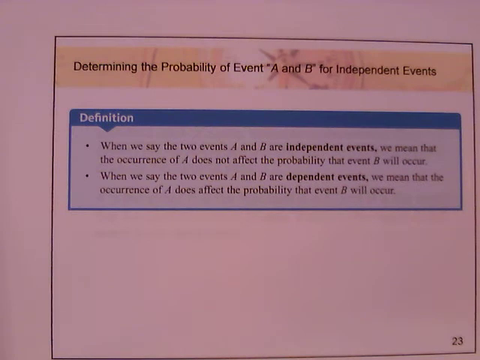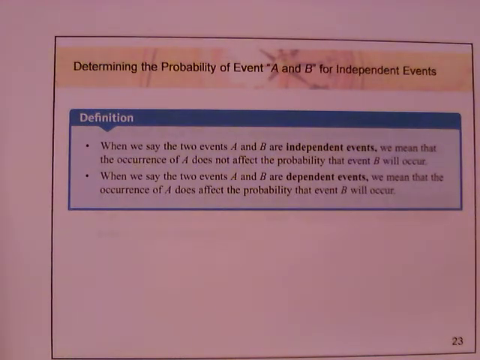So let's say event A was tossing a fair die, and then the second event was tossing a fair coin. Tossing a fair die has no effect on what I get when I toss a fair coin. That's what independent events are. One has nothing to do with the other.